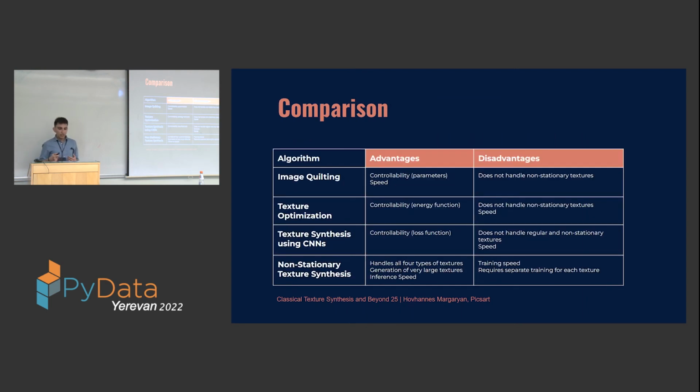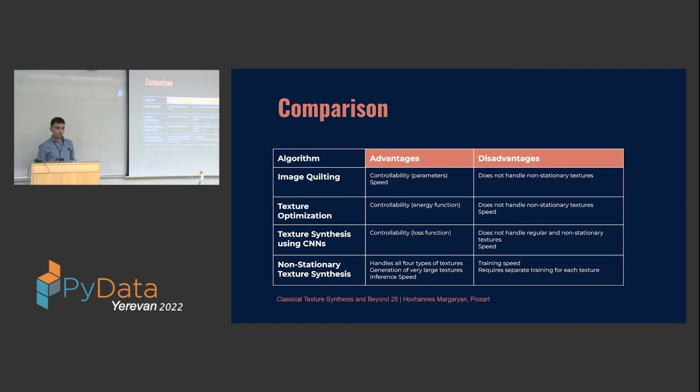Let's now go over a comparison among these 4 algorithms. The primary advantage of image quilting, texture optimization, and texture synthesis using CNNs is controllability. In the case of image quilting, controllability refers to the idea that we can modify the parameters so as to handle most types of textures except non-stationary textures, which cannot be handled in 3 of the algorithms that we saw today.